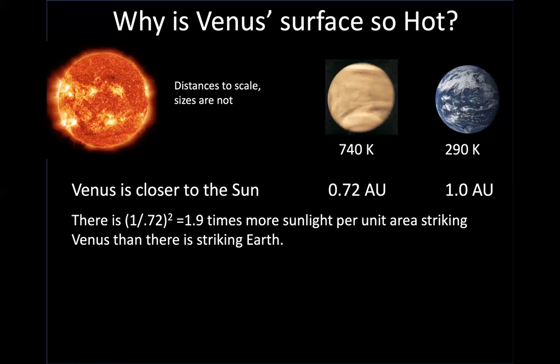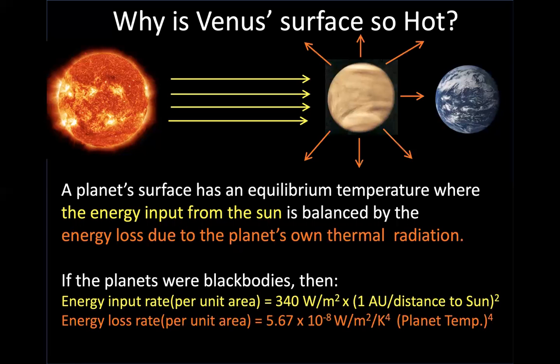The thing is, it isn't just that sunlight is hitting these objects and warming them up. That's not the only process involved. These planets are also radiating energy because they're at a finite temperature. So as sunlight falls on these planets, yes, they do get warmer and heat up, but by being warm, they emit their own radiation.